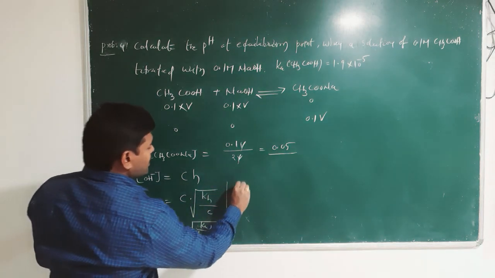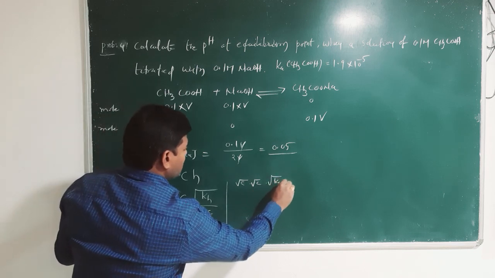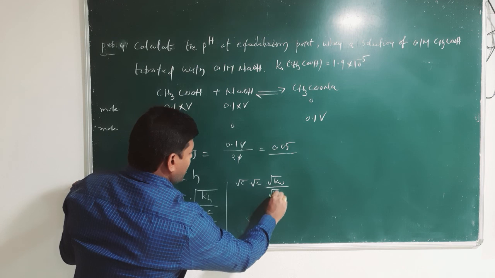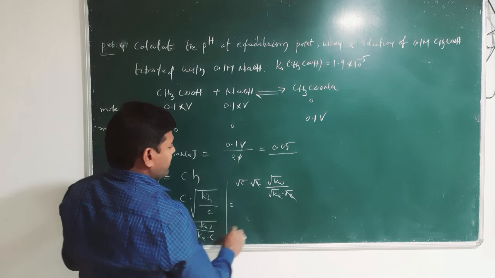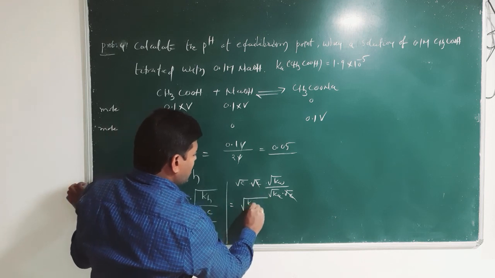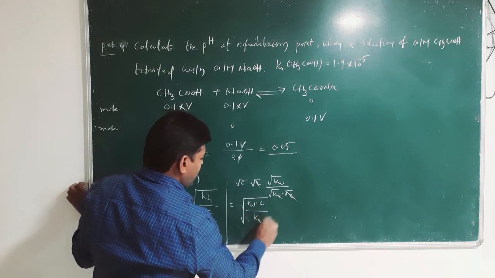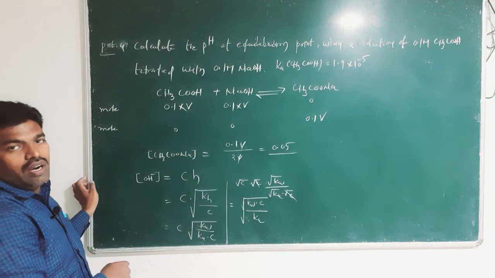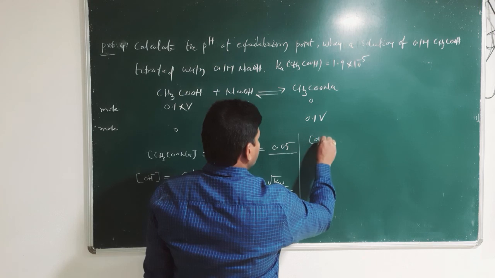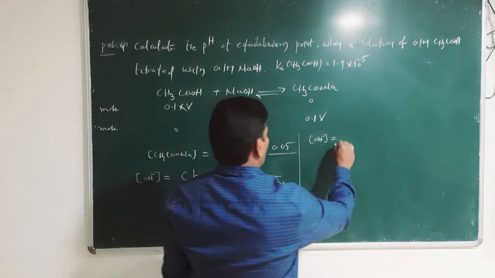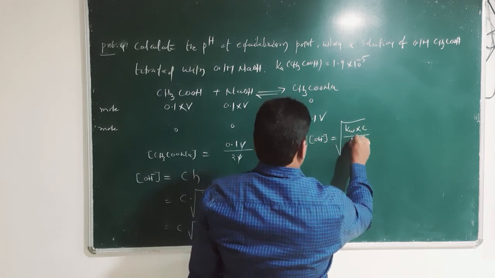This C can be written as root C into root C, and it can be written as root Kw by root Ka into root C. So root C gets cancelled. Therefore, root Kw into C by Ka. So that gives the value of concentration of OH minus ions. Therefore, concentration of OH minus ions is equal to root of Kw into C by Ka.